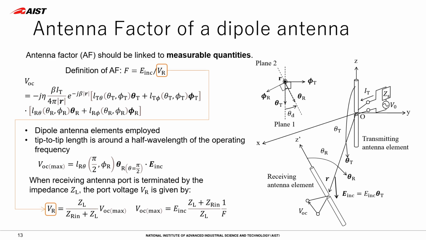LT and LR show the effective lengths of the transmitting and receiving antenna respectively. Due to the time limitation, the detailed math is omitted here, but finally, a relationship between VOC and VR is obtained like the one at the bottom of this slide. By substituting VR into the definition of the antenna factor, we obtain the maximum VOC in terms of the antenna factor of the receiving antenna.